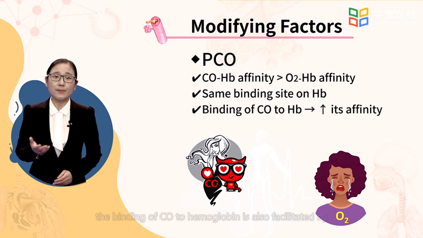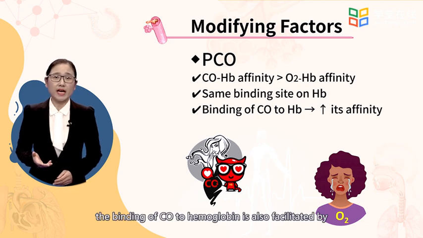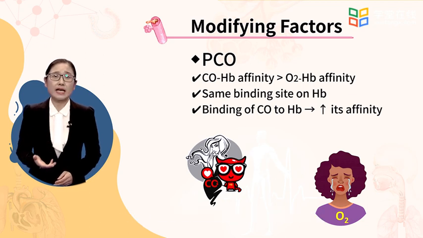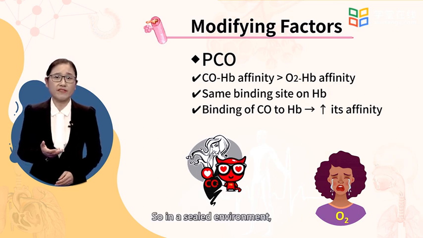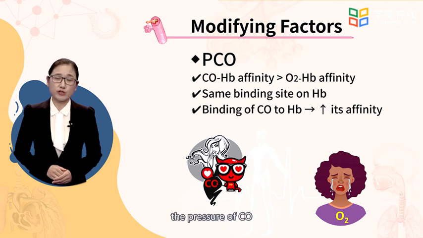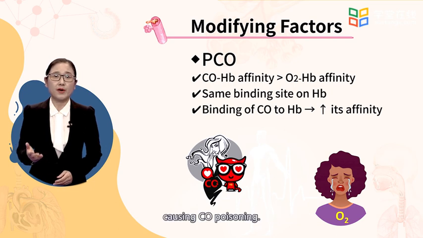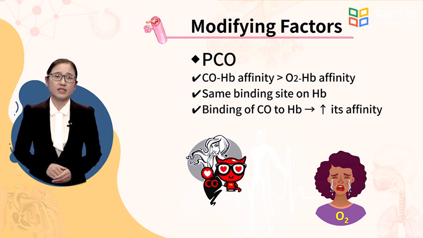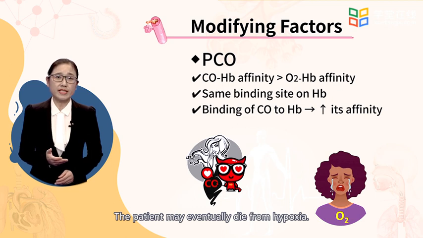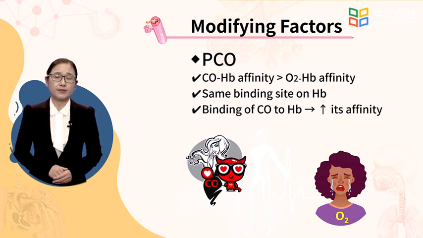Even worse, the binding of CO to hemoglobin is also facilitated by the amount already bound. So in a sealed environment, the pressure of CO will increase gradually with incomplete combustion, causing CO poisoning. The patient may eventually die from hypoxia.